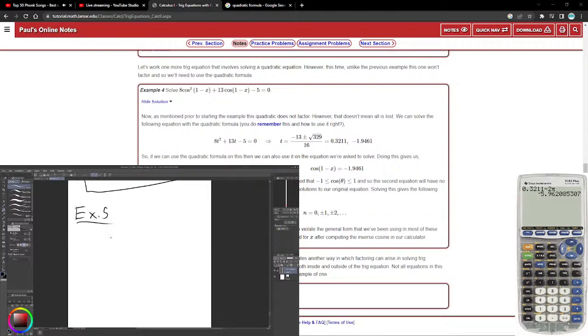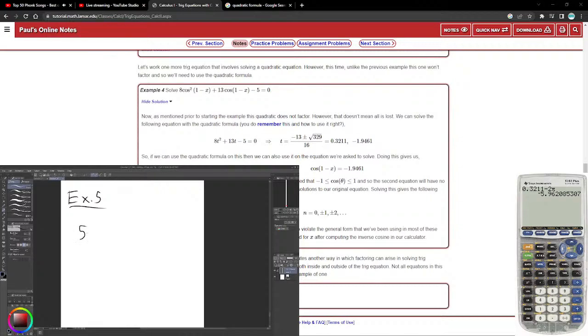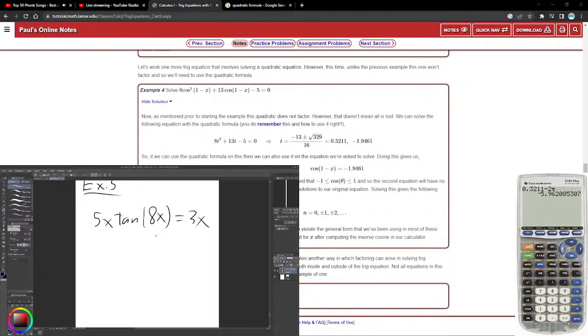Example 5. 5x tan 8x equals 3x. Factor out an x.